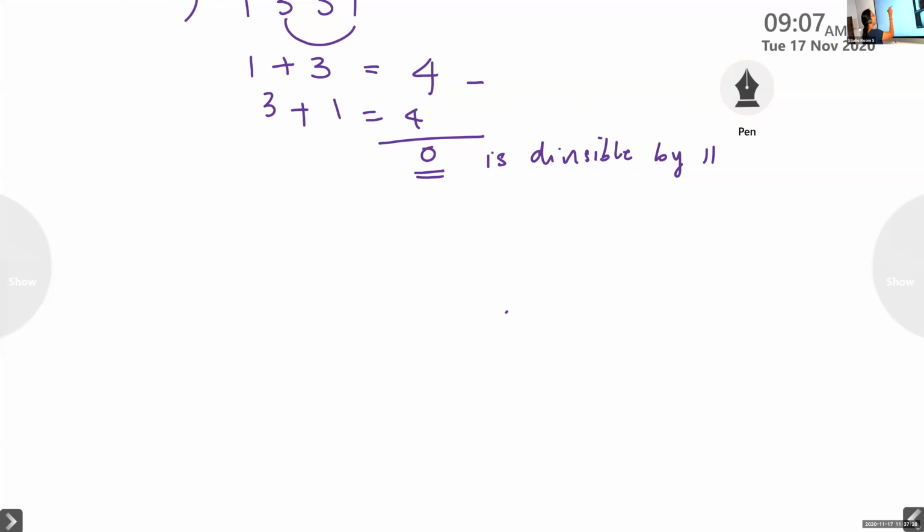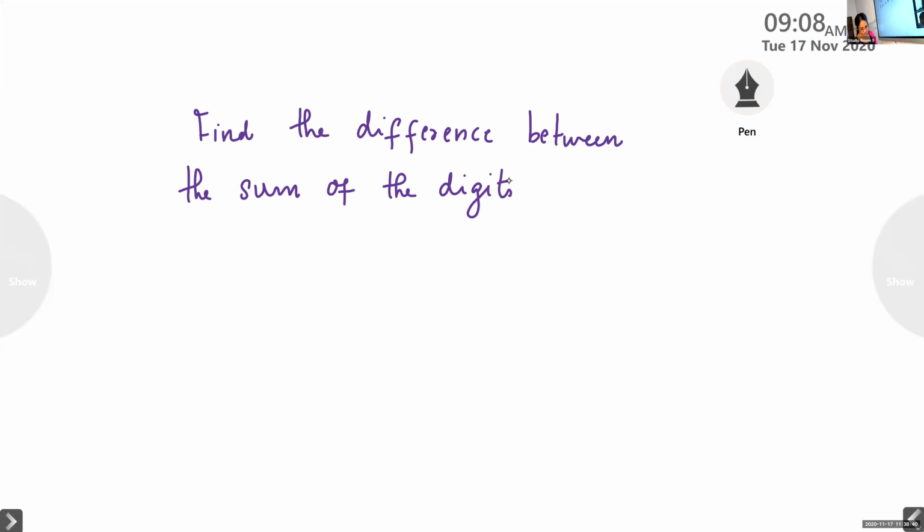Find the difference between the sum of the digits at odd places, that is alternate digits, odd places from the right, and the sum of the digits at even places.